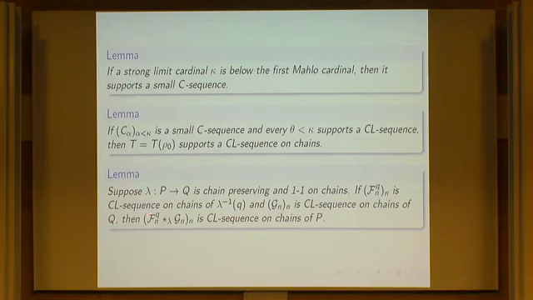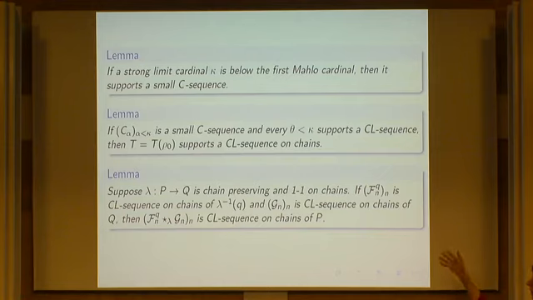Then if I have a CL sequence on chains of each pre-image of an element of Q, and I have a CL sequence on chains of Q, then I get a CL sequence on chains of P. This is a result which generalizes the argument when you pass from kappa to a tree of height kappa.